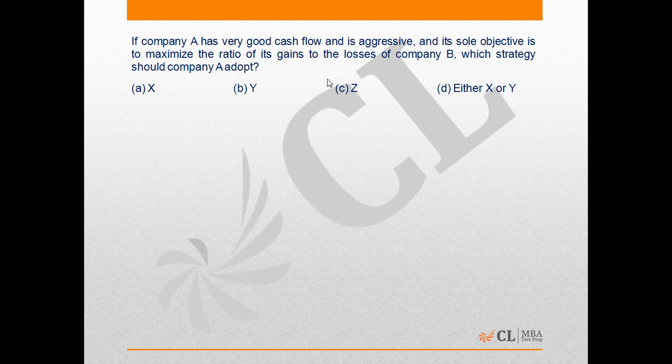Coming to the second question, it is asking: if Company A has very good cash flow and is aggressive and its sole objective is to maximize the ratio of its gains to the losses of Company B, which strategy should A adopt?